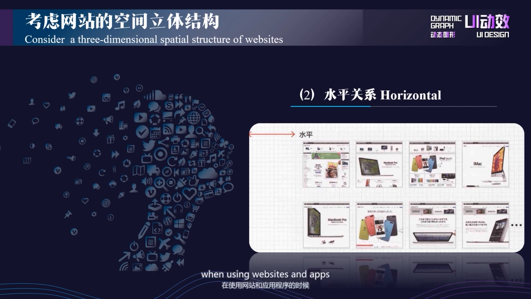First of all, when using websites and apps, users must know where they are on the website and app so that they can find the page they need and move to where they want to go. Otherwise, it is absolutely impossible to move to the destination page without a keyword clearly indicating destination.